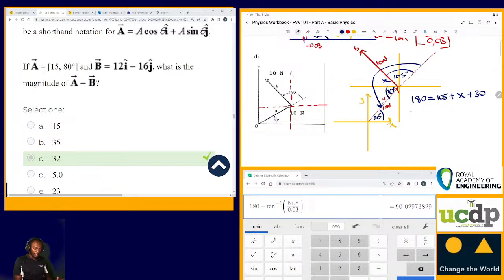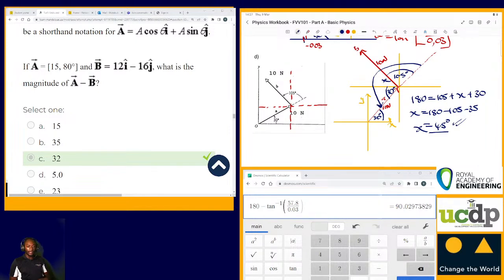So which means x will be equal to 180 minus 105 minus 30. And this should give us 45 degrees. So angle x is 45. So Prince is correct.